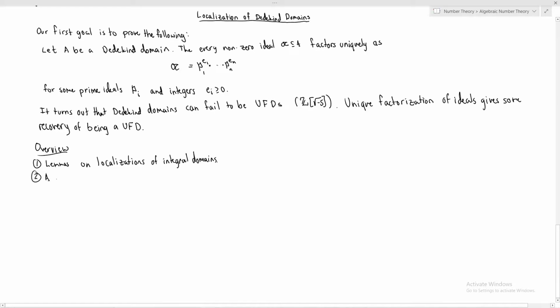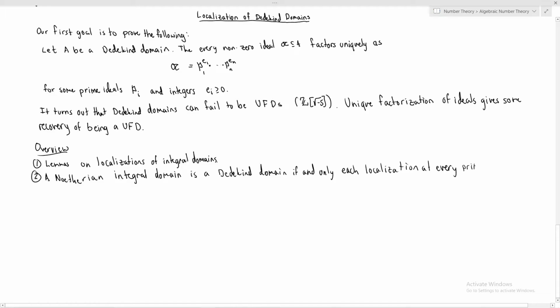So we're going to prove the following: a Noetherian integral domain is a Dedekind domain if and only if each localization at every prime ideal is a Dedekind domain.